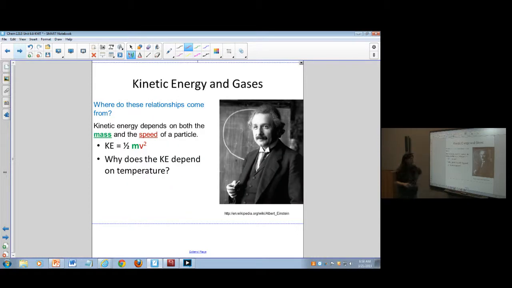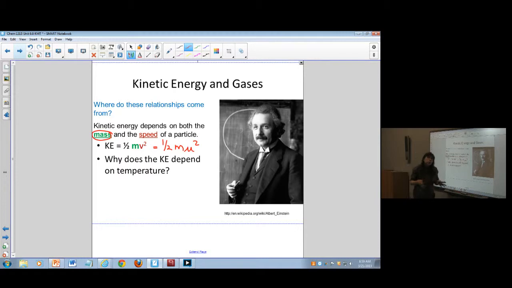But one thing we know is kinetic energy is 1/2 the mass times the velocity squared. So we have a mass. And in this case, what we use is 1/2 mu squared for our speed instead of the velocity. And so the question is, why does the kinetic energy depend on the temperature?